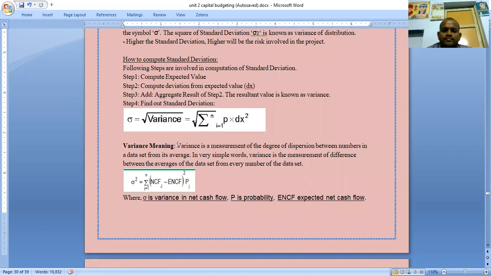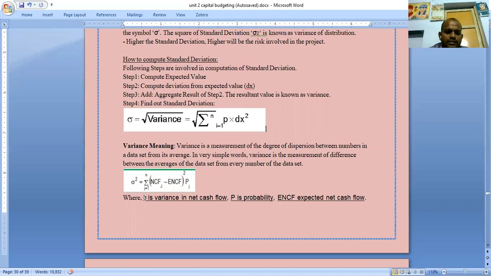Variance meaning: variance is a measurement of the degree of dispersion between numbers in a data set from its average. In very simple words, variance is the measurement of difference between the average of the data set and every number of the data set.